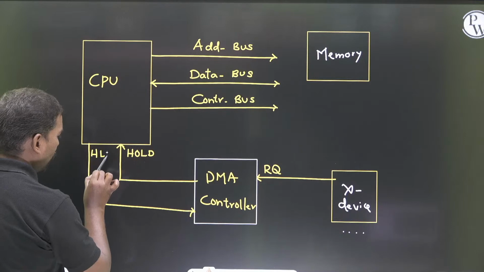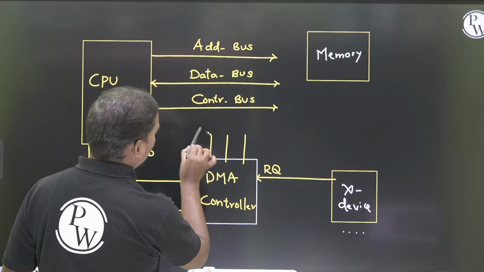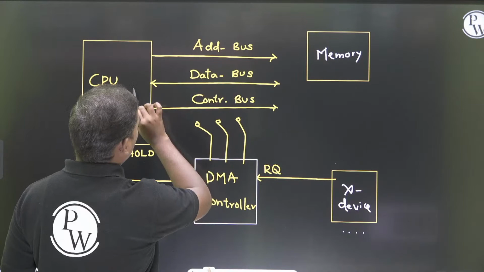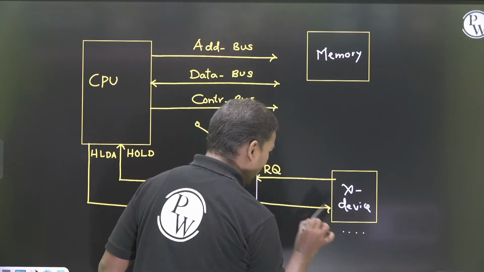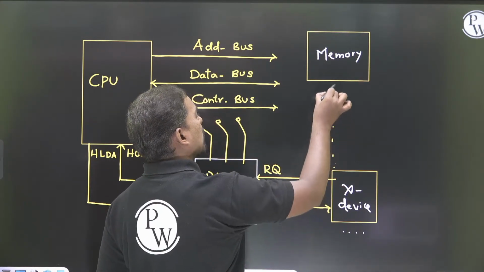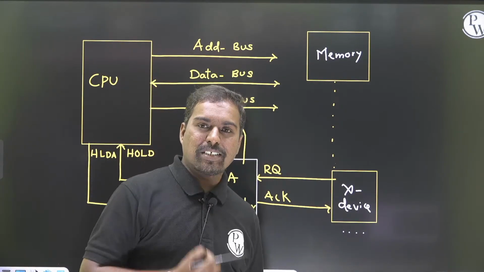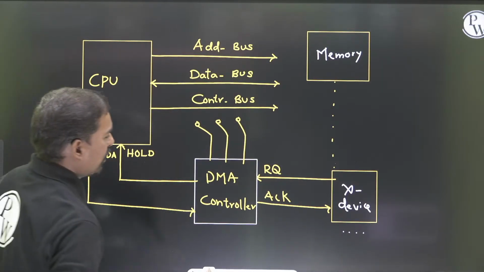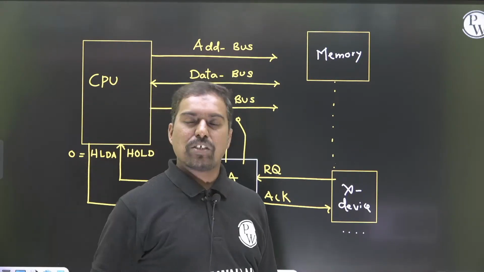When the acknowledge signal is given, the buses are switched from the CPU to the DMA controller. Once the bus control comes, the DMA controller gives an acknowledge signal. Then the data is transferred from the X device to the memory. But in between, if the CPU wants the bus, it will disable the hold acknowledge signal. Then the bus signals are automatically switched back to the CPU. CPU is the master.